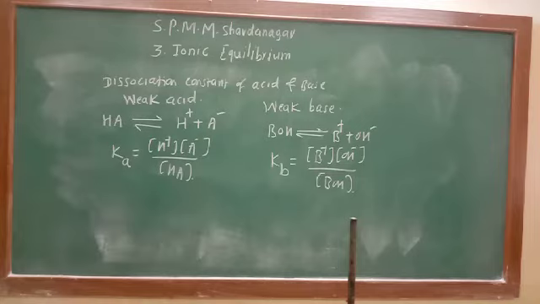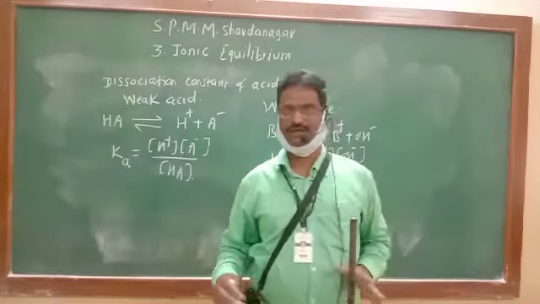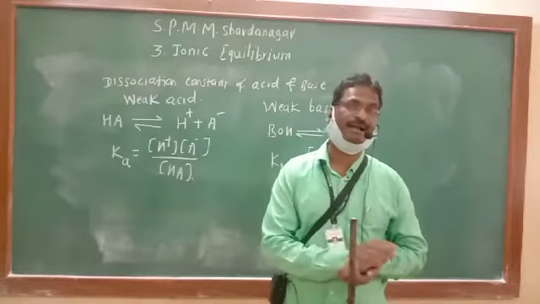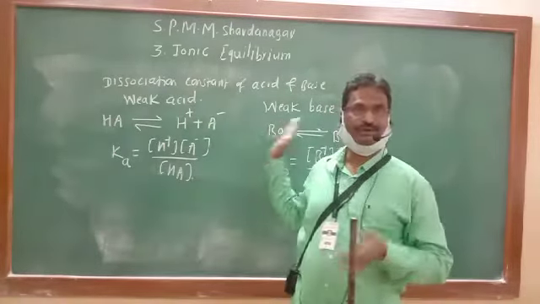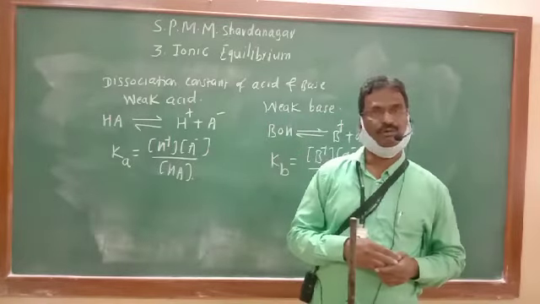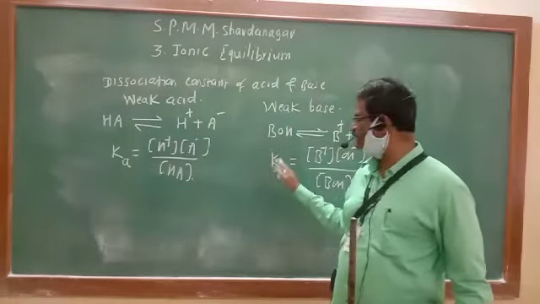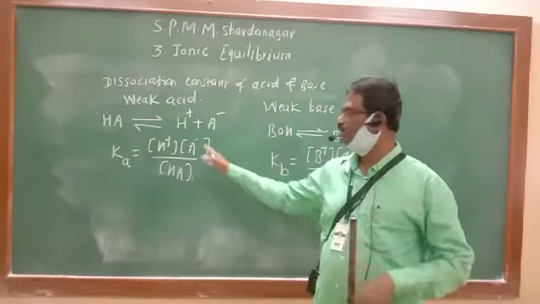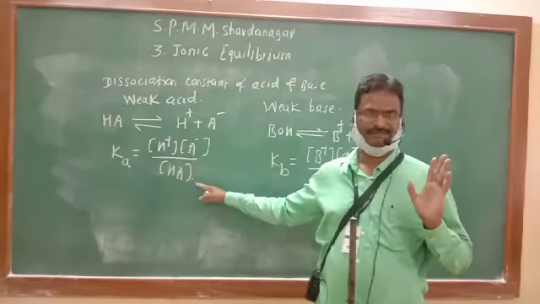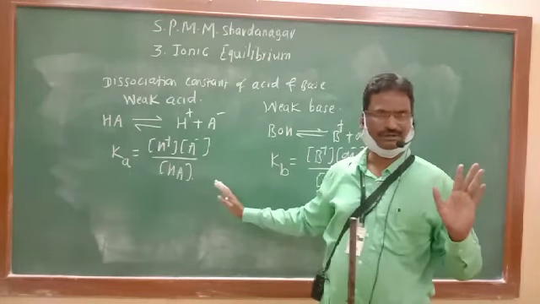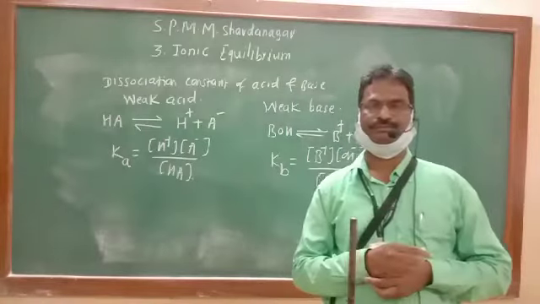Since we know the calculation of dissociation constants, this type of equation can be applied for all the weak acids as well as weak bases, and one can calculate the value of either Ka or Kb if we know the concentrations of product and reactant. Same as the equilibrium constant, we can calculate the dissociation constants here also.